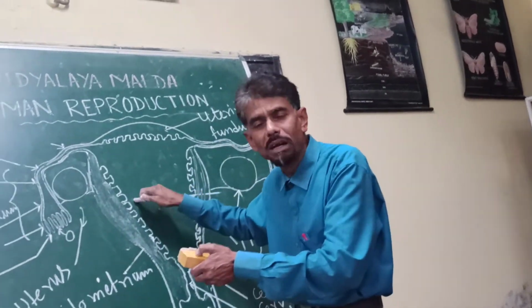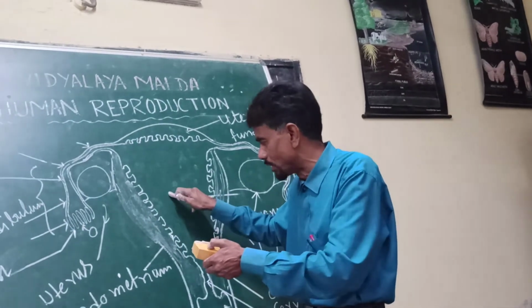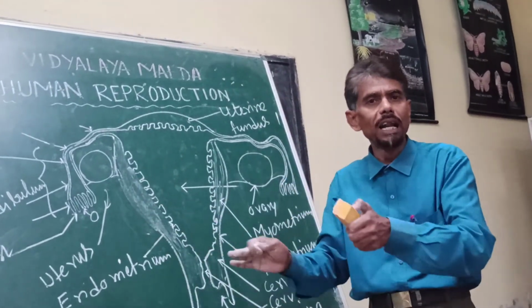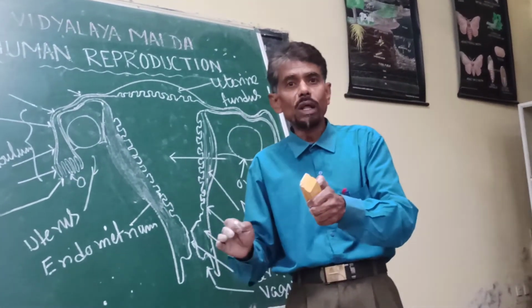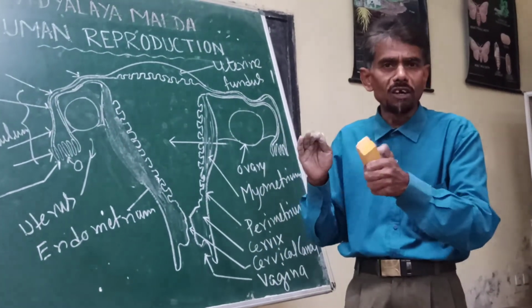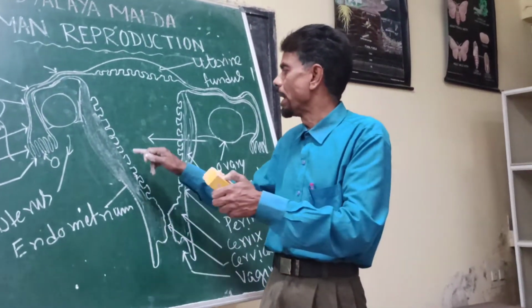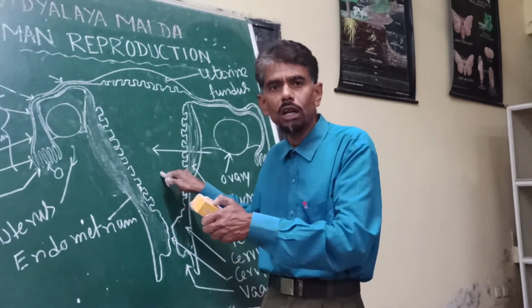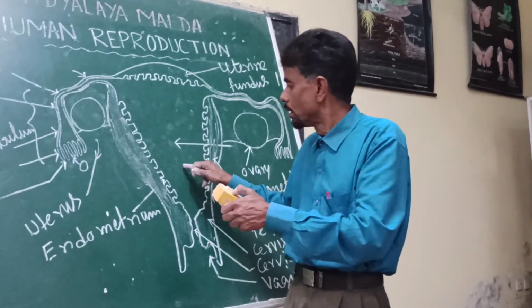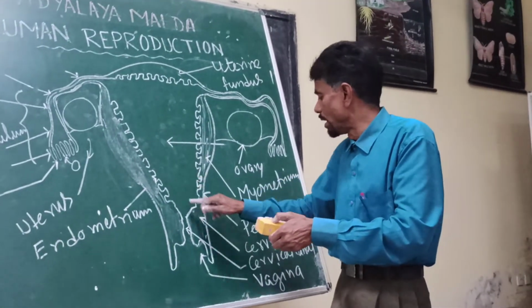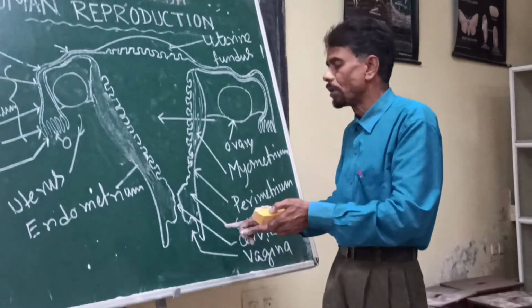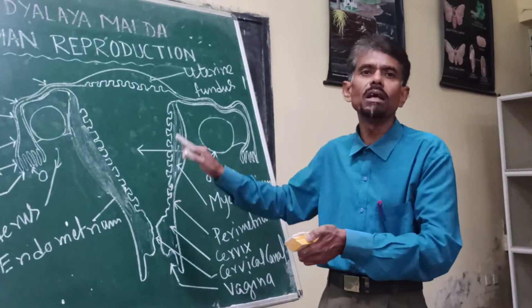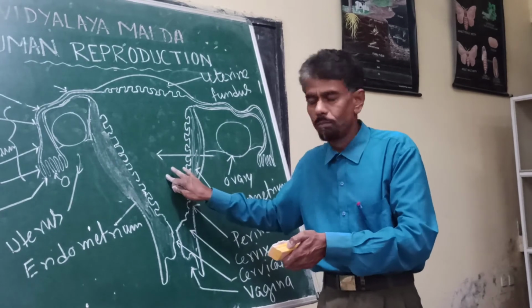So the endometrium facilitates implantation. The myometrium, which is highly muscular, gives a severe contraction during childbirth and helps in the expulsion of the fully mature fetus. The cervical canal and vagina help in the passage of the fully grown fetus.